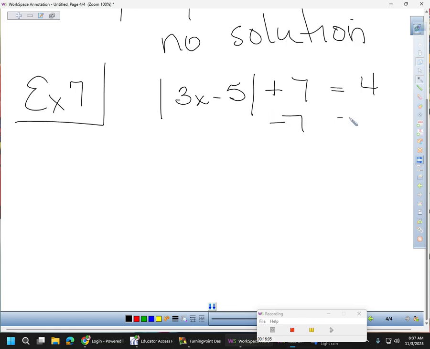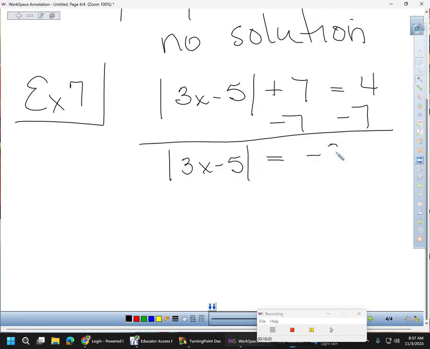I agree. All right. So I have the absolute value of 3x minus 5 is equal to negative 3. This is where I go ahead and split it up. But you'll notice it's equal to a negative number. So I can't do a positive and a negative. What do I have to put? No solution. That's it.